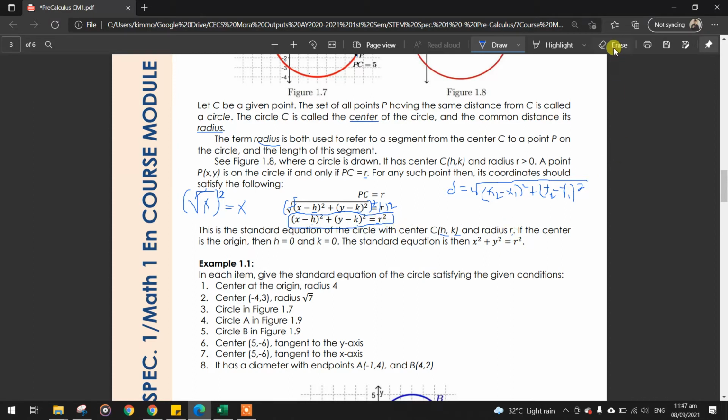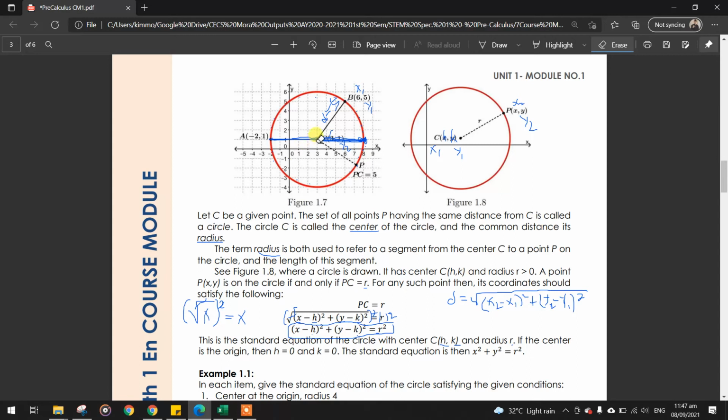If it happens that our circle is located at the origin, meaning the coordinates of our center are at 0, 0, then our h and k are equal to 0 and 0.